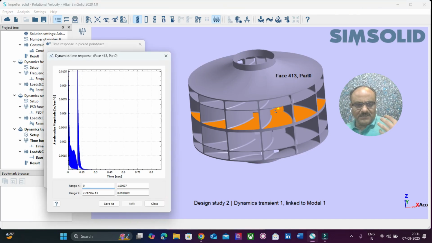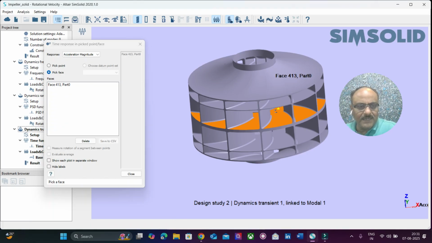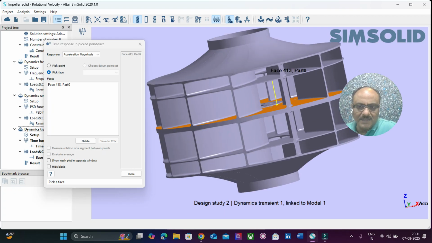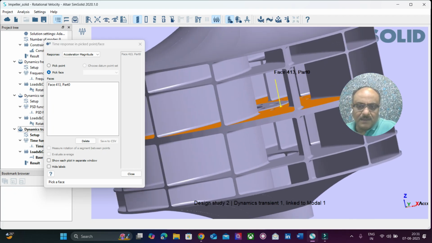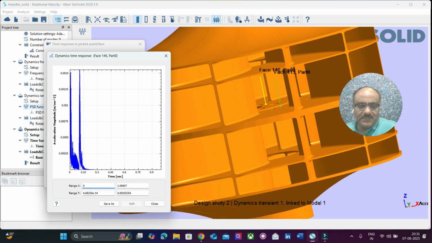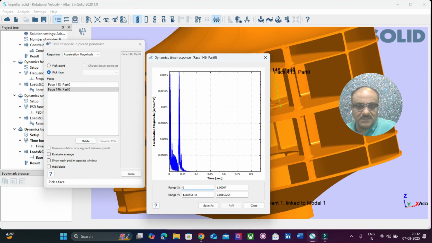Similarly, we'll be able to find it out for different regions. This is the region where the shaft has a direct influence. Now let's consider this particular part, the region exactly where the shaft comes and rests. It is mating with the shaft.